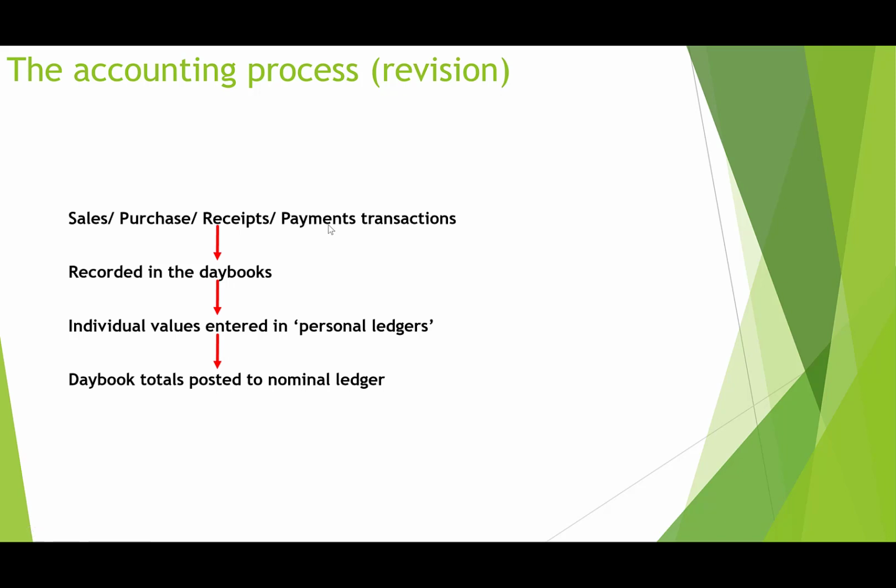And once you posted the totals correctly and the totals themselves were correctly added up, you did everything correctly. After the posting to the nominal ledger, you used to balance the ledgers, and again that was just getting the closing balance at the end of the period. And in theory, you would then prepare a trial balance. You should remember this from the previous semester. That's just a list of every single nominal ledger with its closing balance.